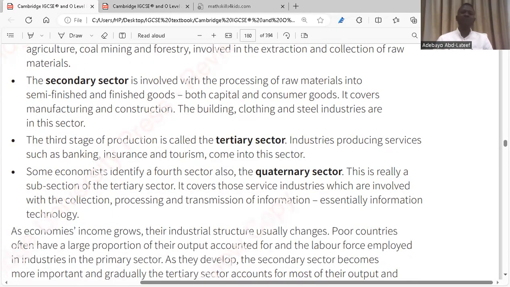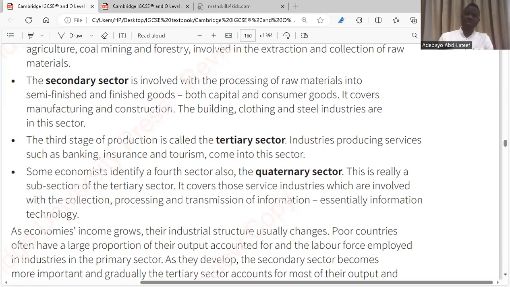Then we go to the secondary stage. The secondary stage is involved with the processing of raw materials into semi-finished and finished goods, both capital and consumer goods. It covers manufacturing and construction. The building, clothing, and steel industries are in this sector. So when I talk about the secondary sector, as soon as the primary sector is done, that means as soon as the raw materials are collected or extracted, we can't use them like that. We need to convert them.